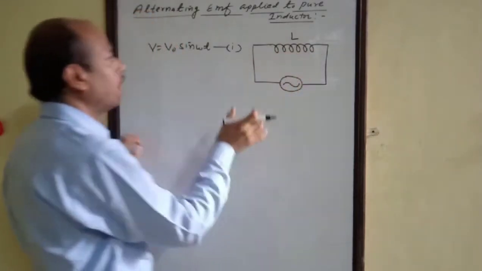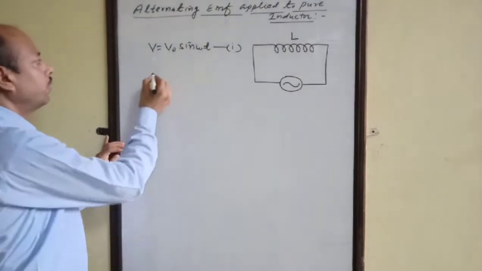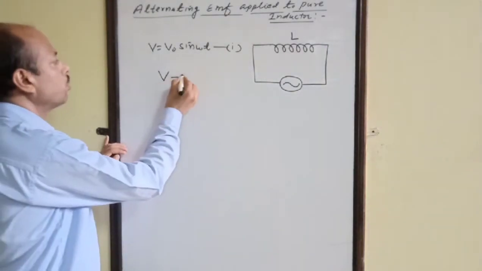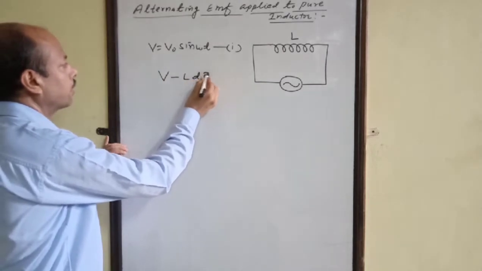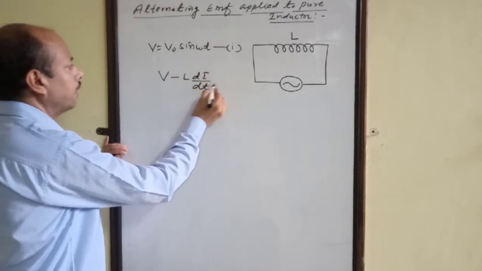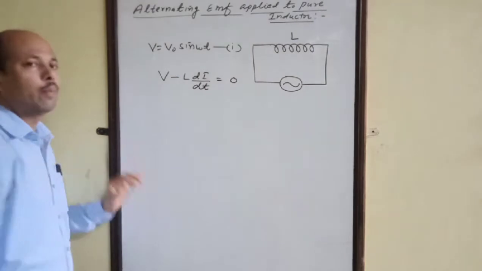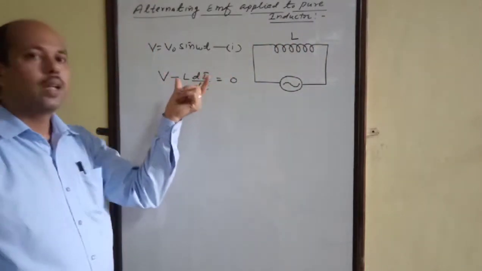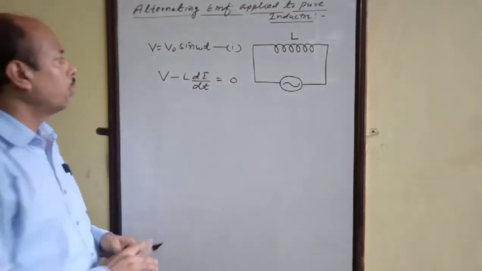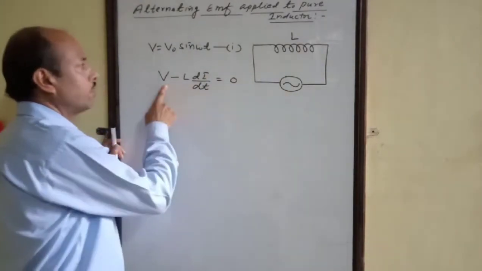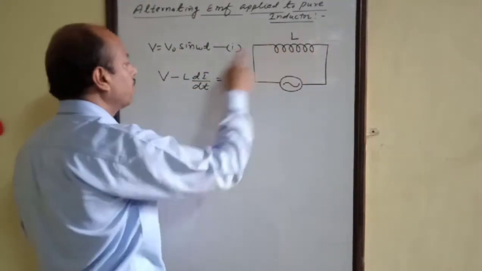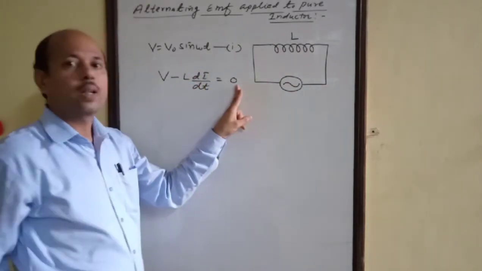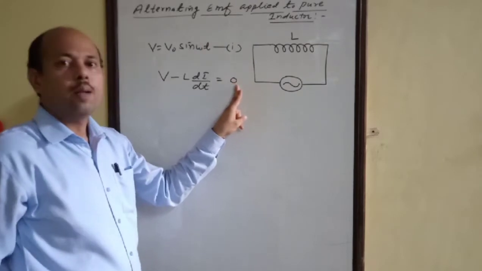Therefore, if we apply Kirchhoff's second law here, V is the applied voltage, the induced EMF in the inductor will be minus L di by dt, and since there is no resistor, there is no potential drop across a resistor, so it becomes 0.